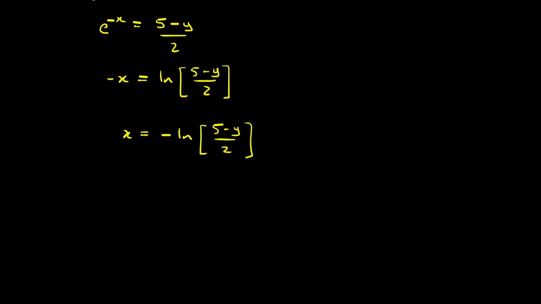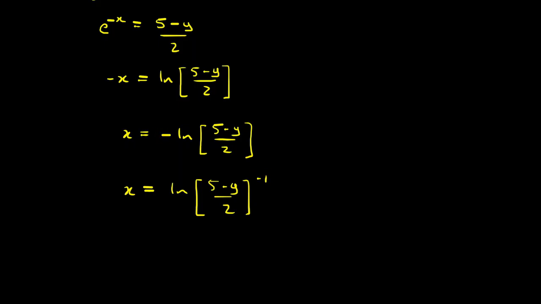And I suppose what I could do is say that x is equal to ln of ((5 minus y) upon 2) to the power of negative 1, using the log rule to bring the negative 1 coefficient up as a power.